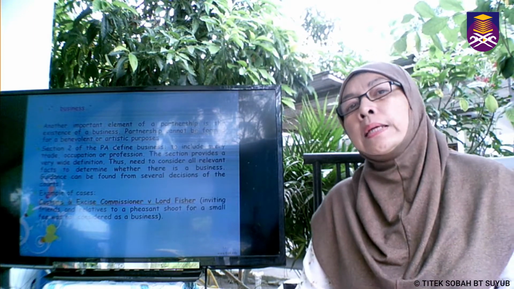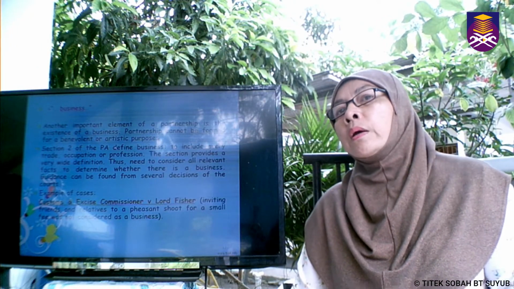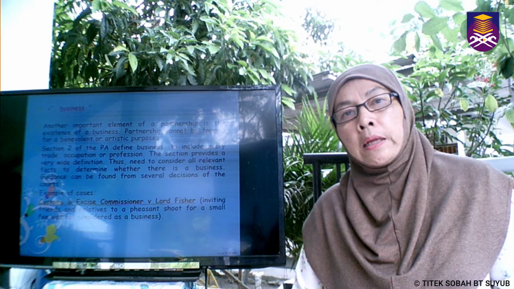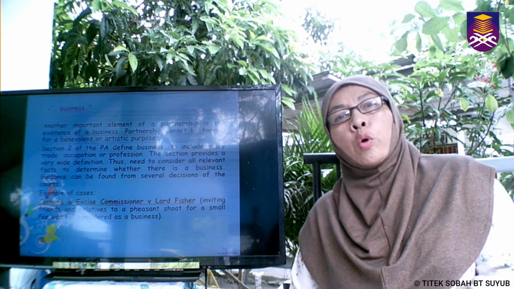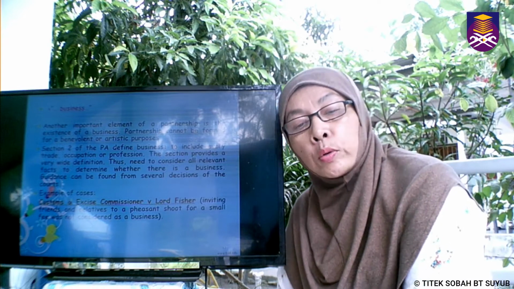The court held that this is not a partnership business. Like in Malaysia, most of us like to go fishing, right? We pay a small amount of money to go for a fishing contest. So this is not a partnership.